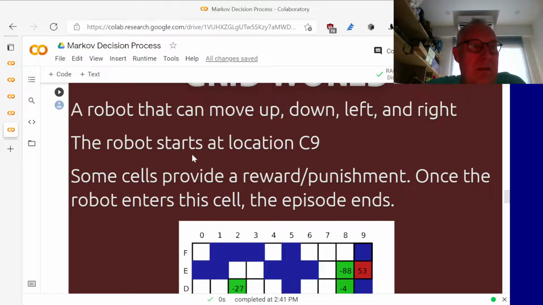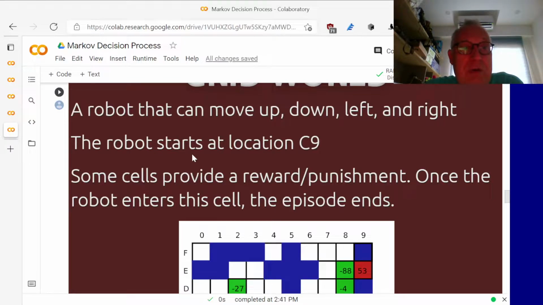So you don't need to have an exact transition probability. Of course, in other domains the transition probability is very easy, because when you play chess, for example, and you want to make a move and it's a legal move, then that move is going to succeed 100% of the time.